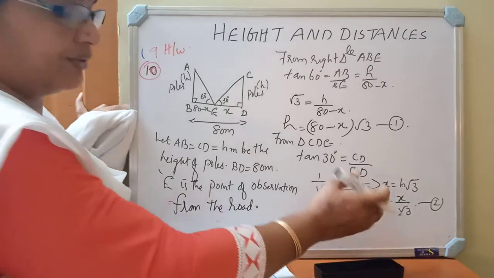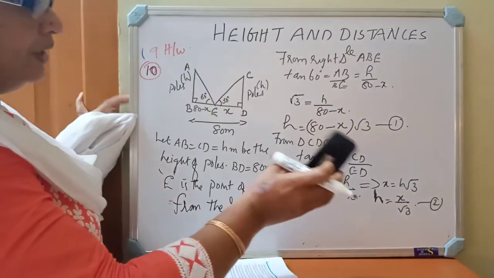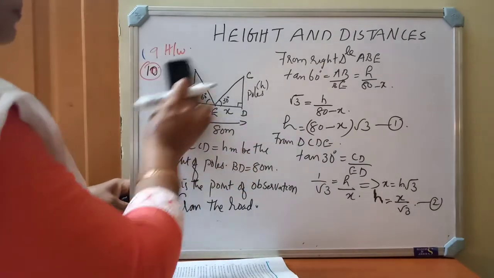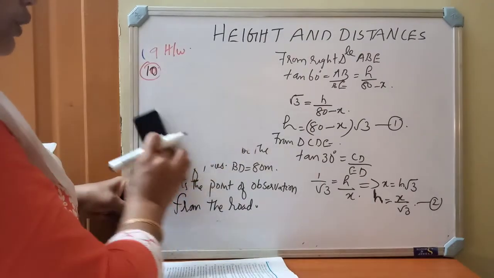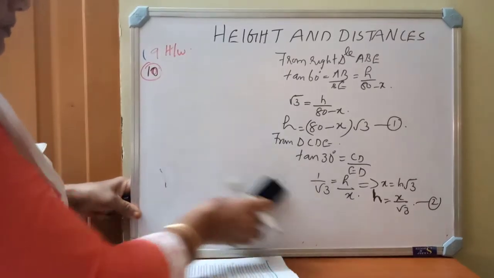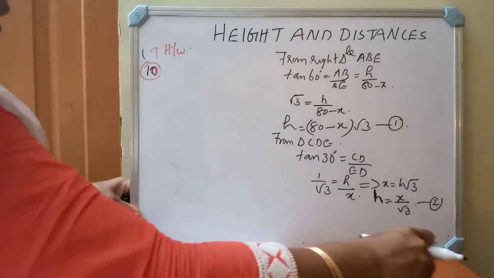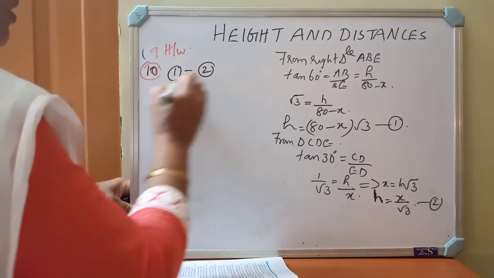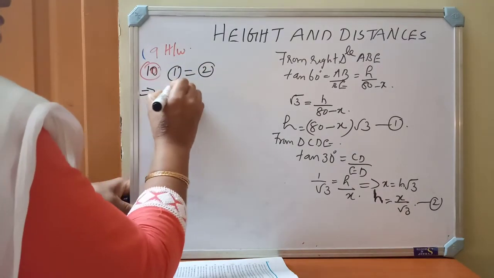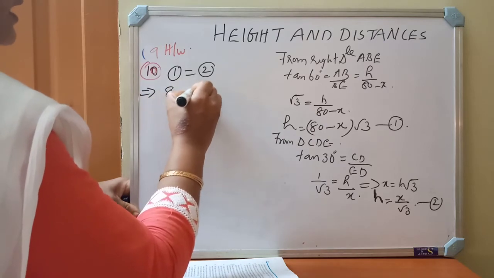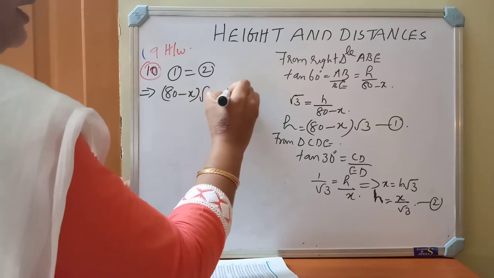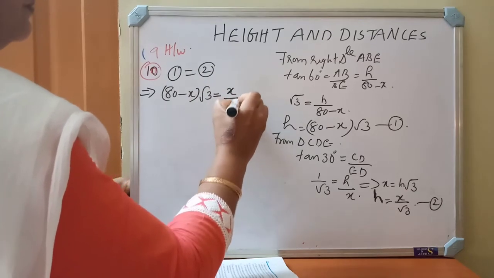So equation 1 equal to equation 2 implies 80 minus x into root 3 equal to x divided by root 3.